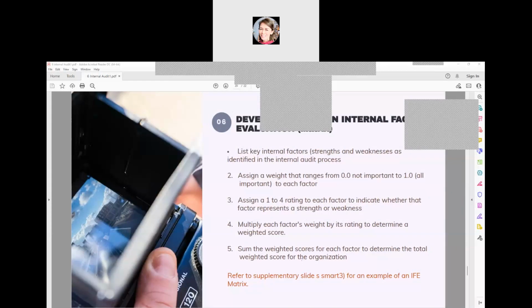When looking for the strengths, we ask questions like, what do we do better or have more valuable than competitors? So basically, this is what we do as opposed to what competitors are doing. In a way, it's benchmarking.